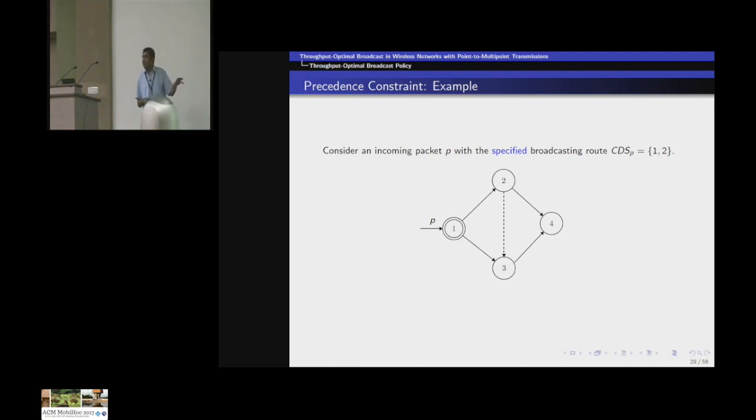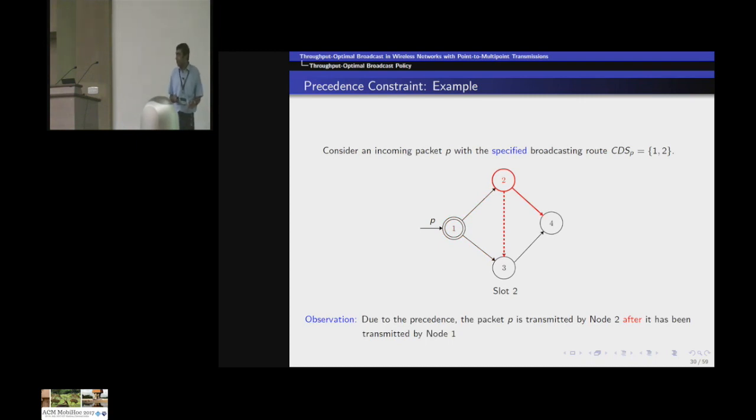First this packet has to be broadcasted by node 1, and after it has been broadcasted by node 1, it reaches node 2, and then it has to be broadcasted by node 2, and finally it reaches all its destinations. The observation is that, due to the precedence, packet P cannot be transmitted by node 2 unless it has been transmitted by node 1. This is obvious, because the packet is not there if node 1 has not transmitted.